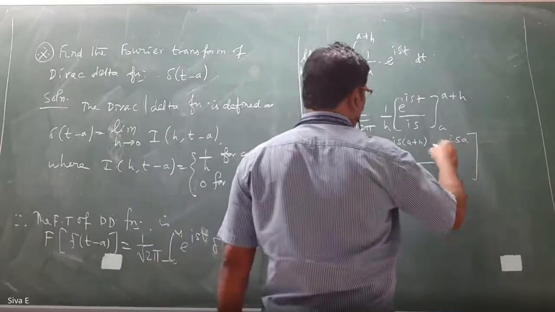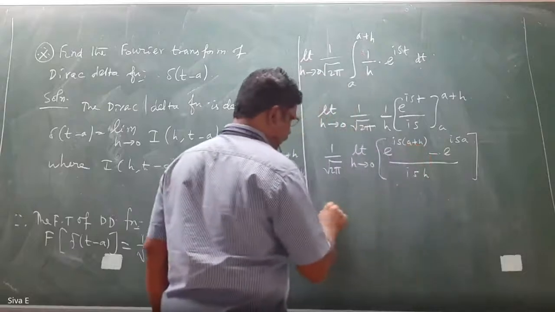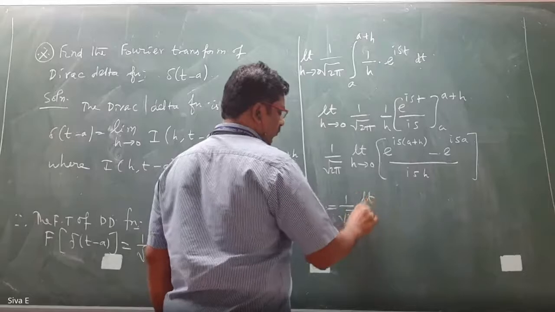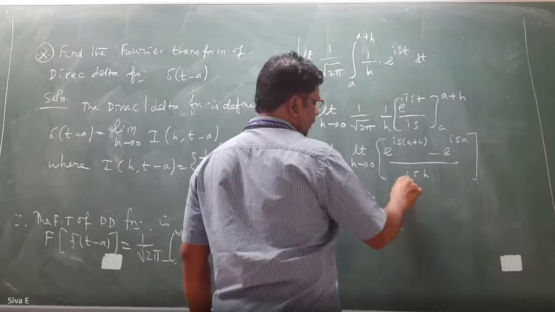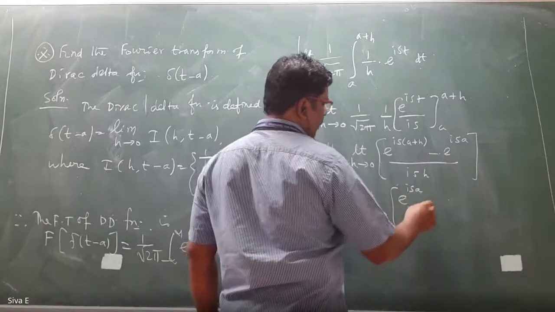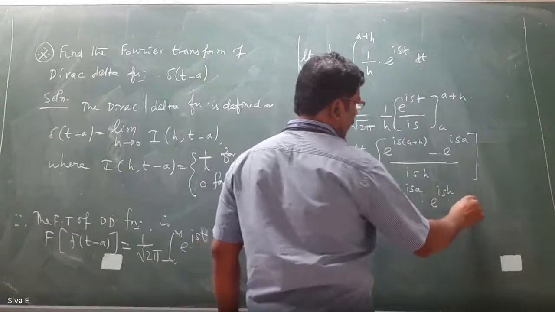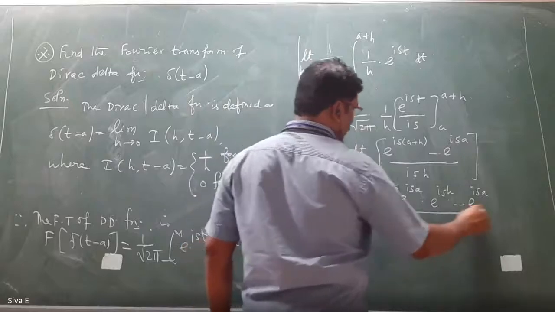Next we have to expand this: e power isa e power ish minus e power isa, divided by ish.